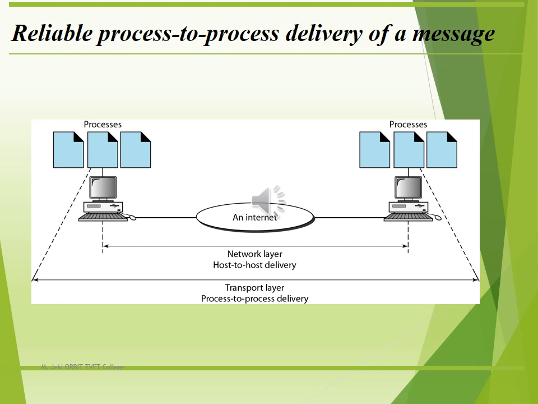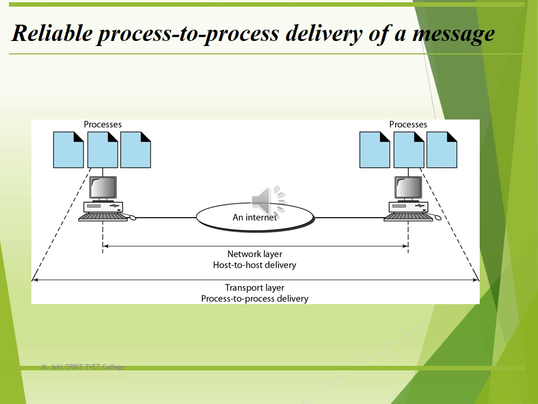Let me expand a little bit, just to make it a little bit clearer. As we can see, there are 2 computers connected via an internet. What is happening there? Network layer: host-to-host delivery. Transport layer: process-to-process delivery.